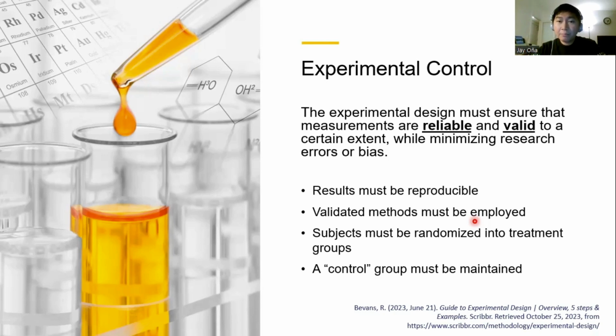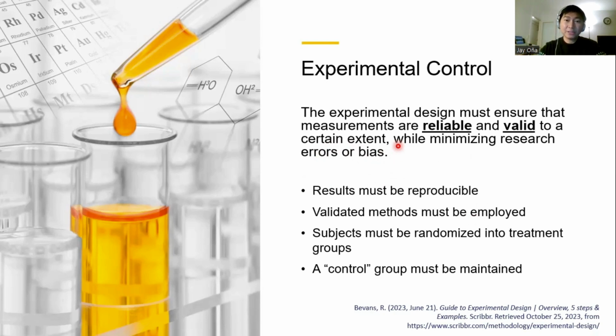And also, part of experimental control is the randomization of the subjects into treatment groups. So dito na po papasok yung terms such as randomized block design or random sampling in order to minimize the errors or the bias in measurement, because when we're doing measurements unintendedly, we introduce our own personal bias, or when we carry out experiments.